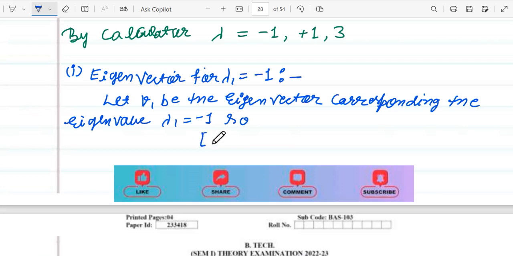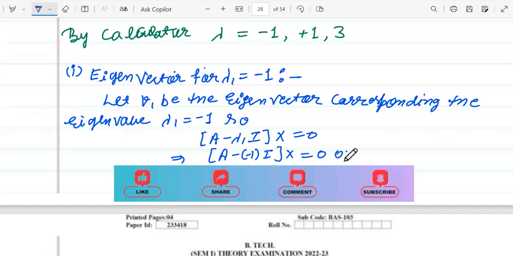So A minus lambda 1 I into x is equal to 0. This implies A minus minus 1 I is equal to 0, or A plus I x is equal to 0.